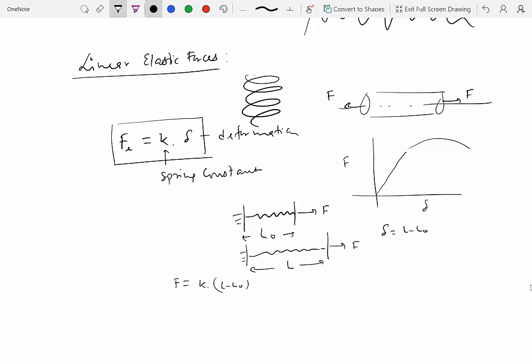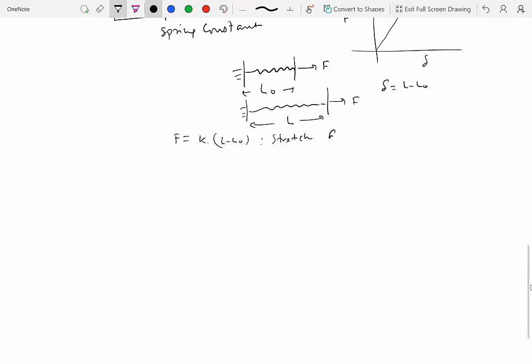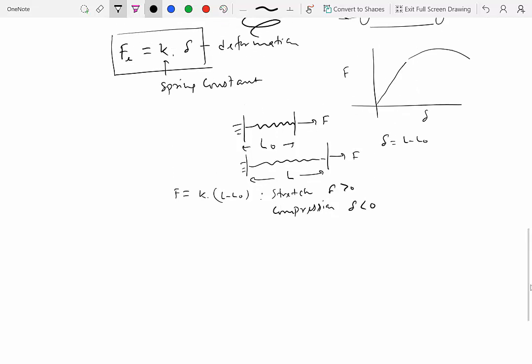Now if you compress this spring, which means L would be less than L0, then for stretch delta is positive, but for compression delta would be negative. In that case, the force would change its direction because it will be a compressive force.